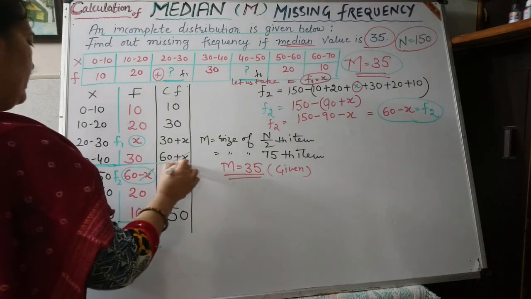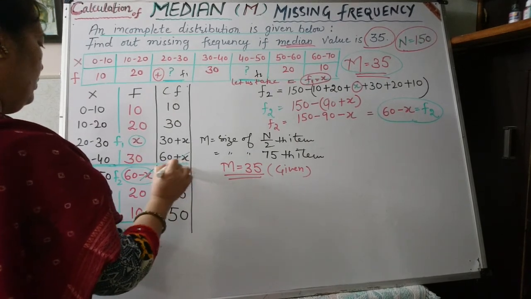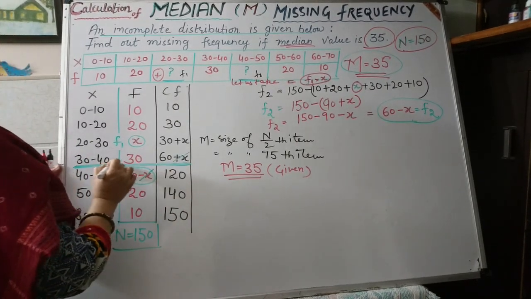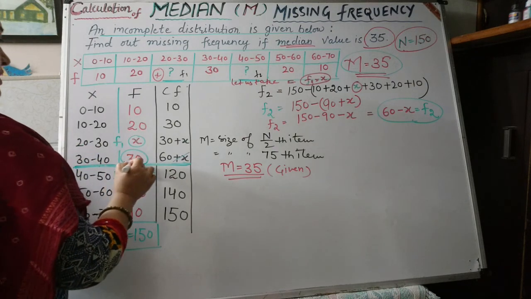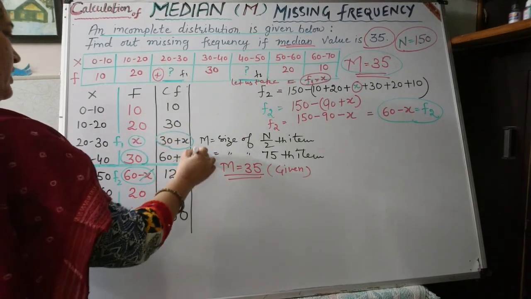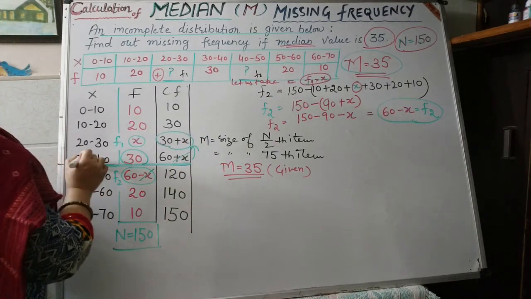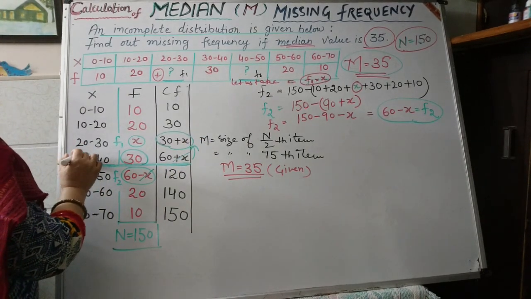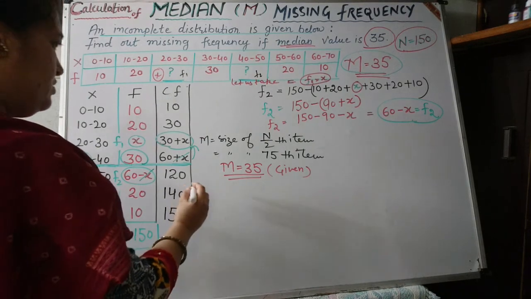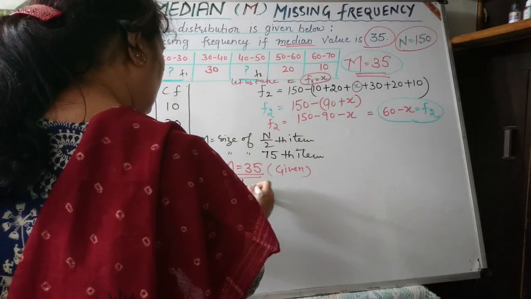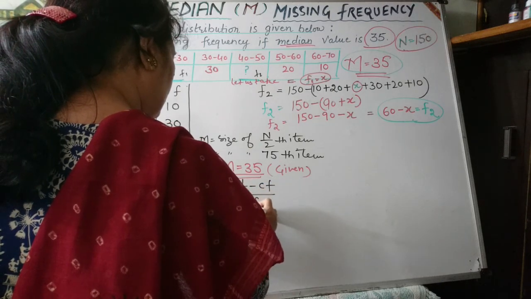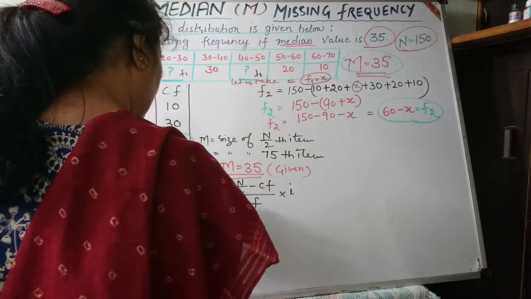So we will underline the whole values, either those are class intervals, or frequency, or the previous cumulative frequency. So we will take all these values. This is lower limit 30. So let us put the values in the formula: L1 plus N by 2 minus Cf by f multiplied by i.